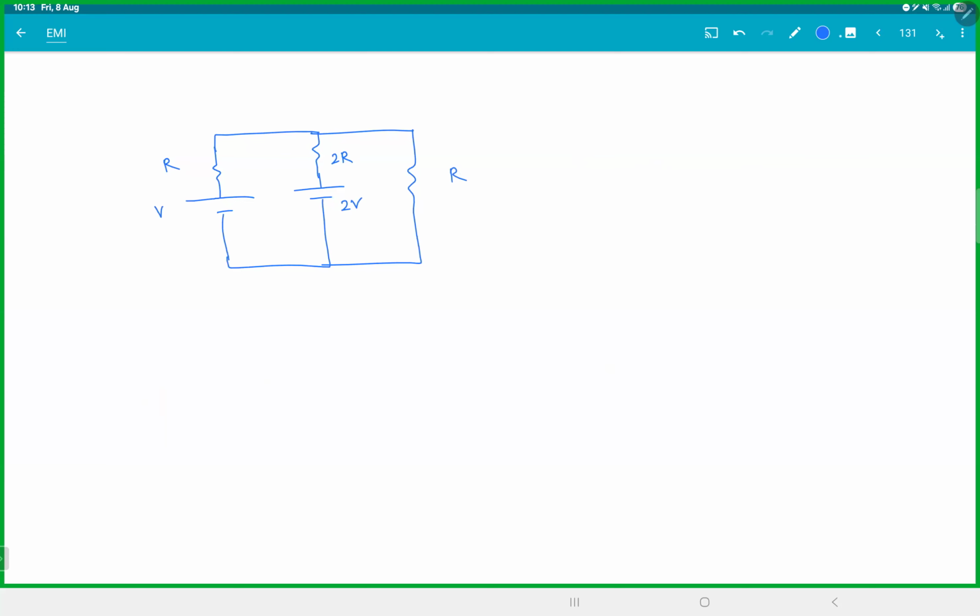Here, what I would suggest, assume there is a battery of 0 volt. Treat this as one battery. Then what will be the equivalent battery? 2 into R plus 0 into 2R by 2R plus R, na, 3R.